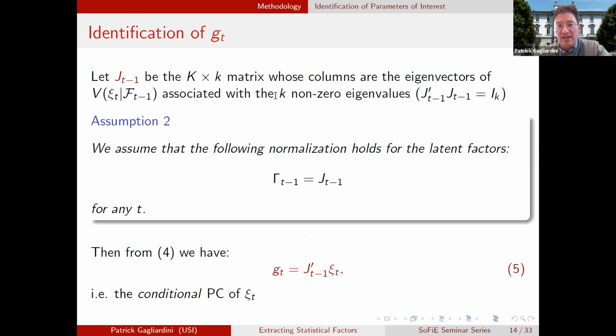Now, given that the factors are unobservables, they're always defined up to some rotation. And in this conditional setting, I can rotate this factor conditionally, so as a function of time. And I can pick a rotation that is useful for the purpose of identification.